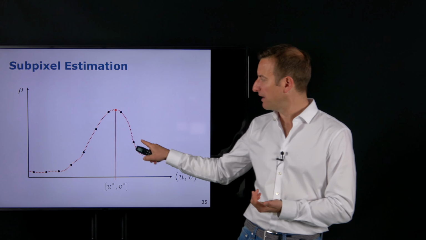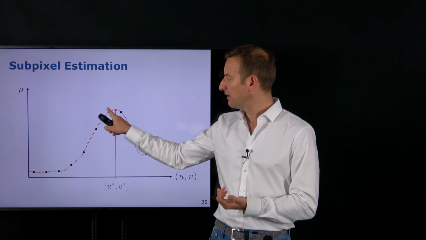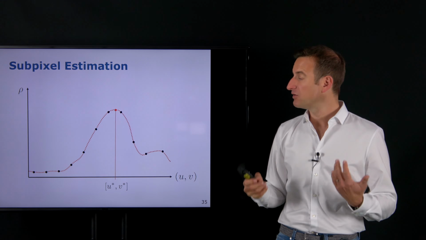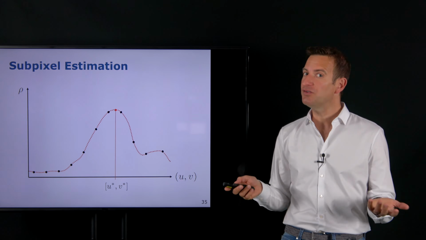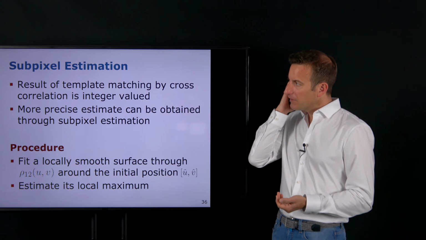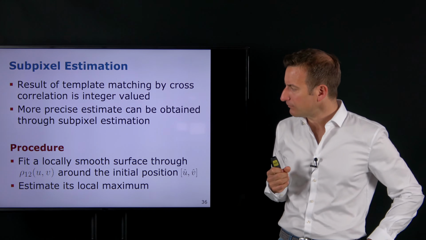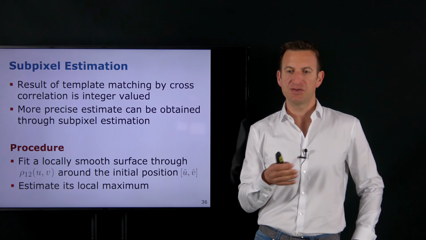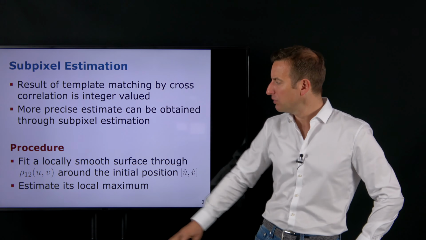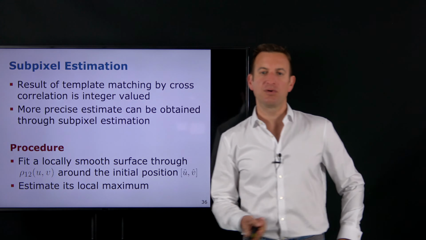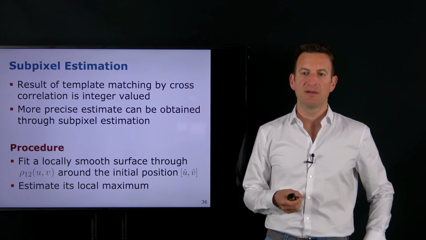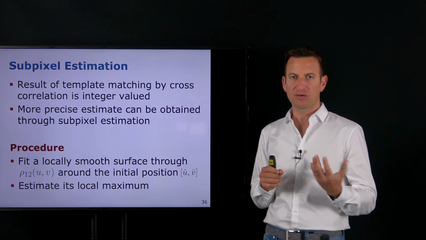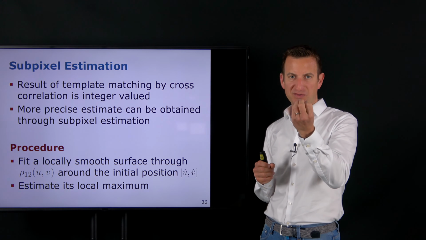And we try to do this by using the nearby values, estimating how that red function actually looks like, and then trying to maximize that red continuous function. Okay, so what we do is we basically fit a smooth function, or in 2D a surface, through our function rho, our similarity function, and start with the position that we have found from our standard cross-correlation, saying, okay, here's the maximum, the best possible match.